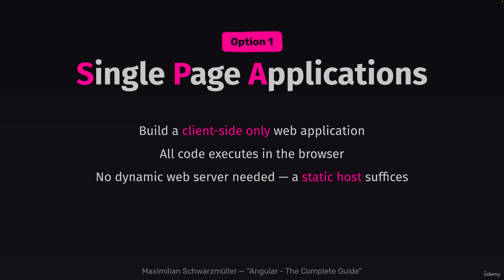Instead, we just need a static host that's able to serve the single HTML file and all the other assets, like all the JavaScript files we have, to the website visitors. So that's the most basic way of building an Angular application, and sometimes it might be just what you want. Sometimes you just might want to build such a single-page application.